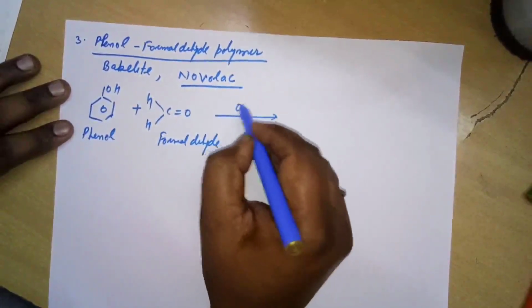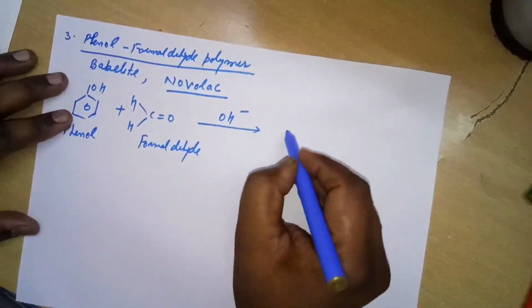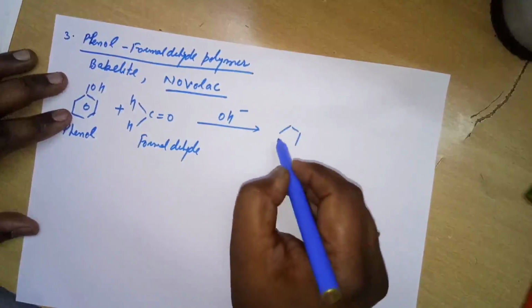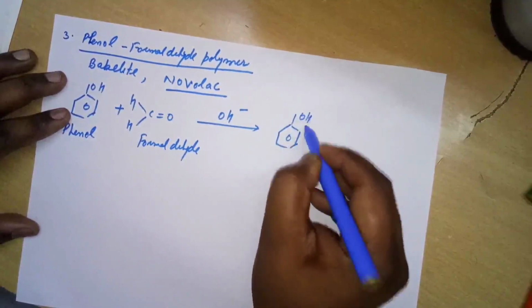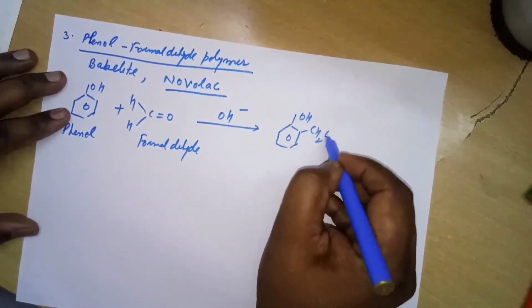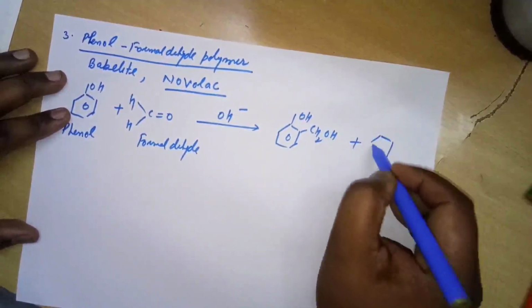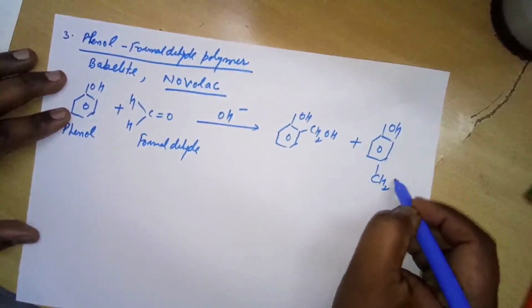In presence of base, they will give ortho-hydroxymethylphenol or para-hydroxymethylphenol. This is ortho-hydroxymethylphenol and this is para-hydroxymethylphenol.